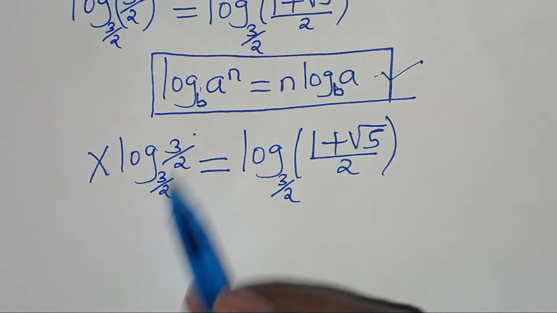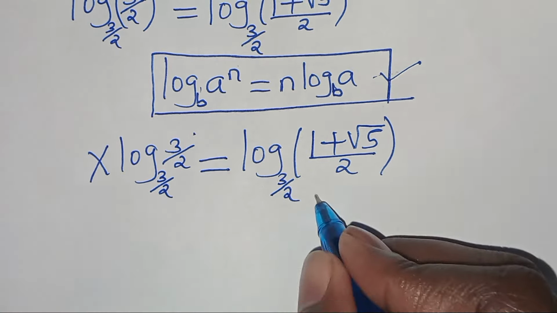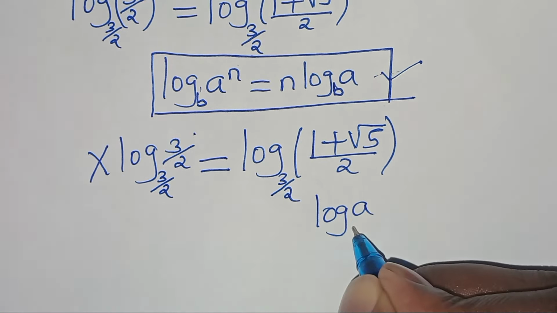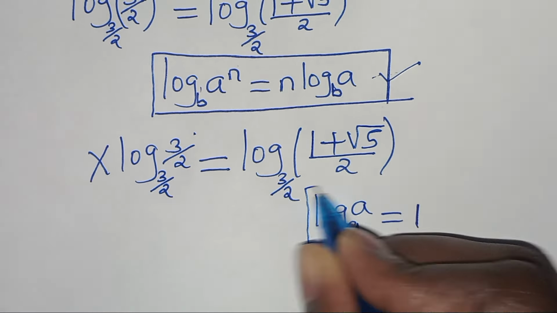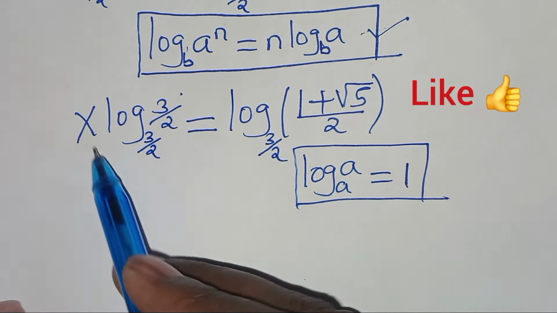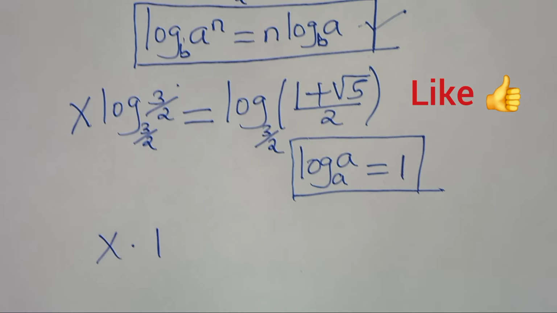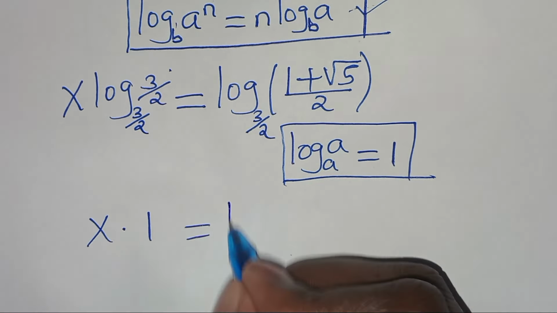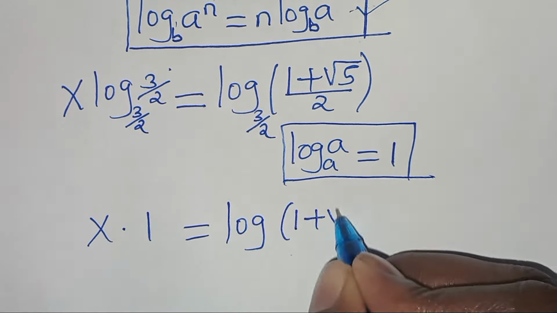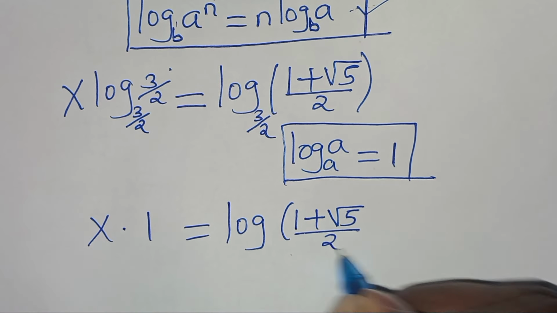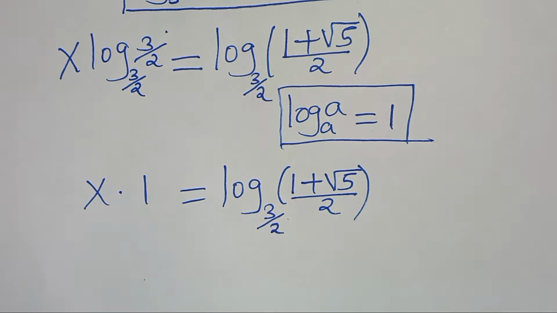So from here we have log 3 over 2 under base 3 over 2. This is in the form of log a to base a, and this is essentially equal to 1. So applying this property, then here we have x times 1. This is equal to log of 1 plus square root of 5 divided by 2, then under base 3 over 2 from here.